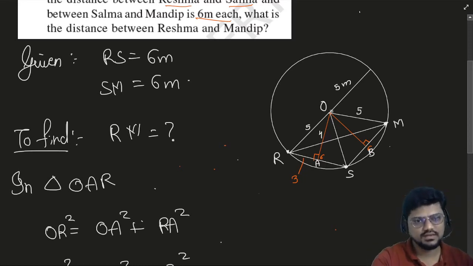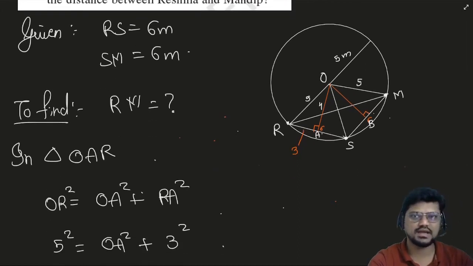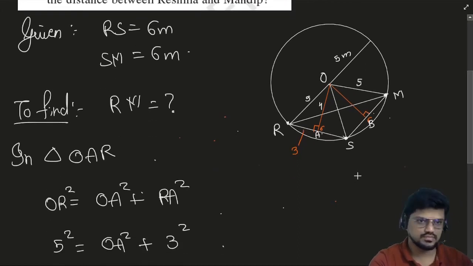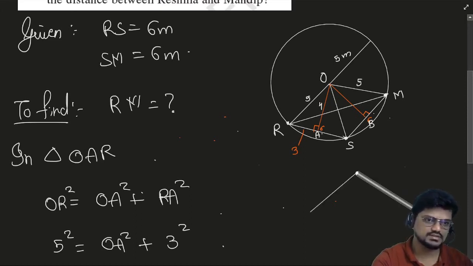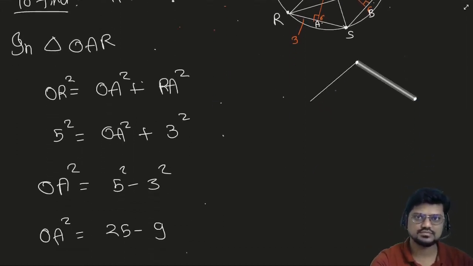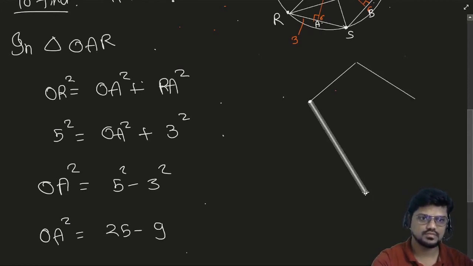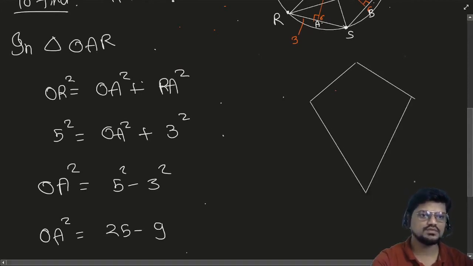One more thing. We know that this quadrilateral ORSM will be a kite, because this side and this side are equal and this side and this side are equal.